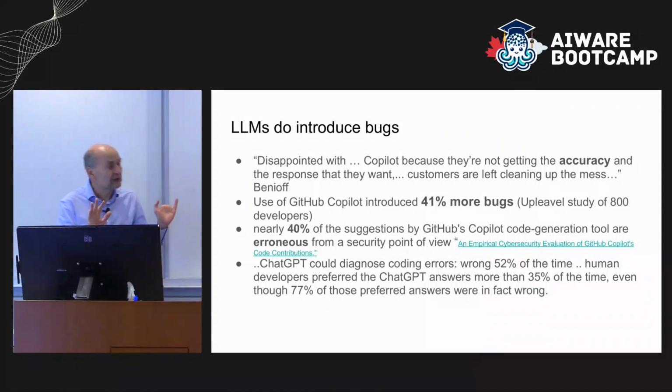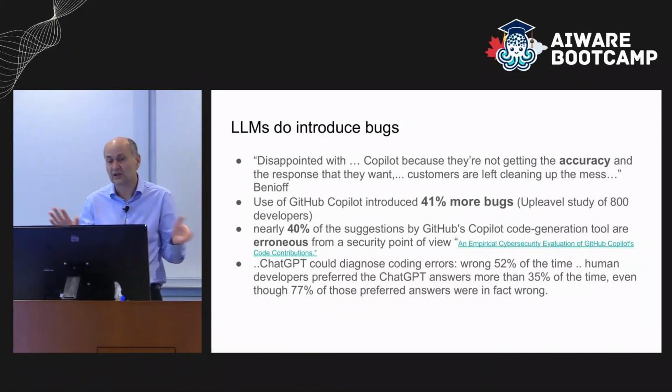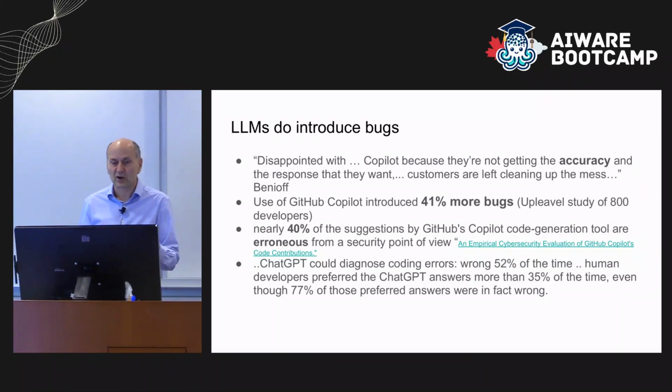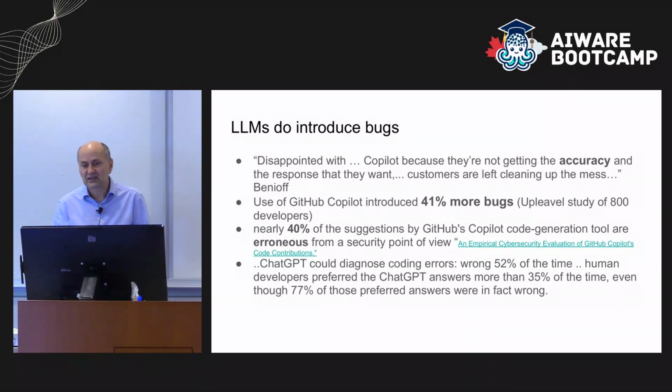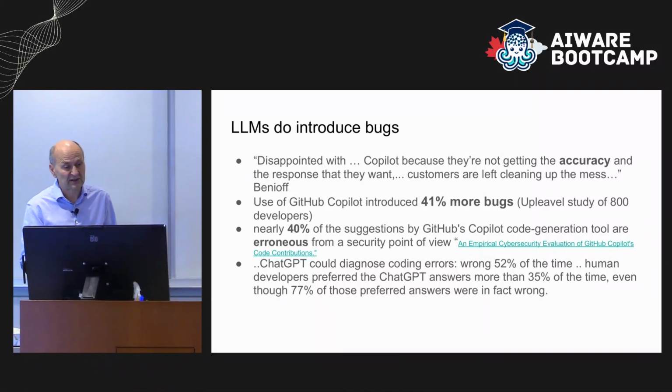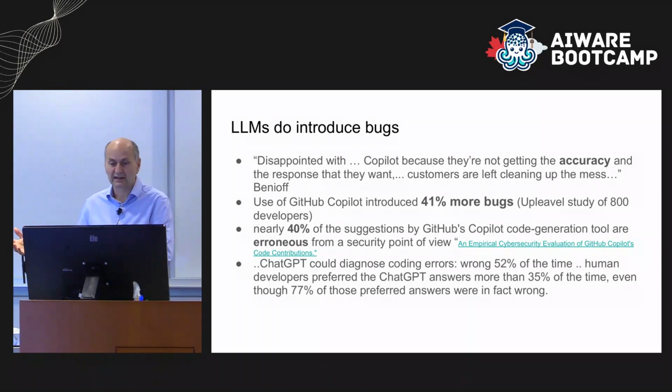There are some general opinions as well as work. The Salesforce CEO for some reason doesn't like Copilot, but there's an Uplevel study that looks pretty good, even though it doesn't have too much detail. They followed 800 developers and found that those who used LLMs introduced 41% more bugs than those who didn't.